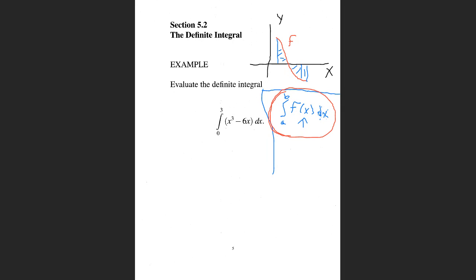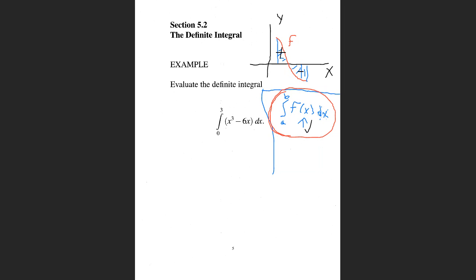That's what that means. And of course, you're going to have a positive area, because that area is above the x-axis, and a negative area. And the sum of those two areas is equal to the value that the definite integral gives you.